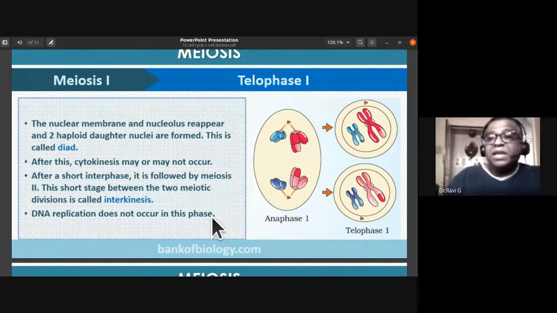DNA does not replicate in the interkinesis stage. So telophase one is completed and the nucleus is formed. They might get separated as two daughter cells, or after the formation of the nucleus, they might be without cross-wall formation. That is what you have to remember.